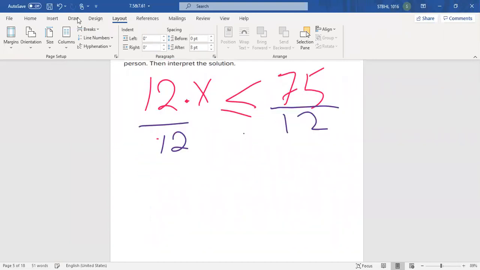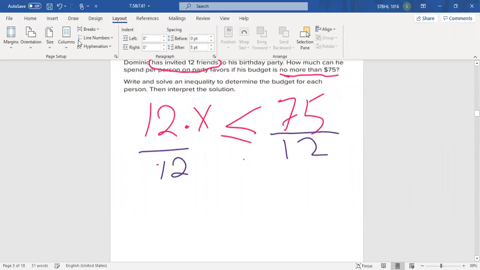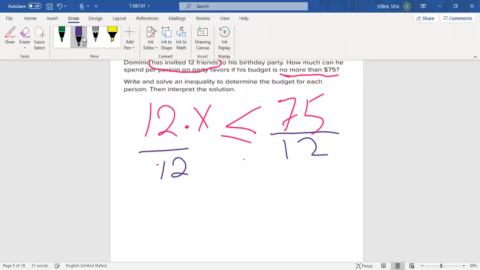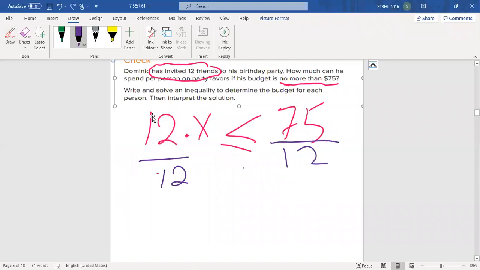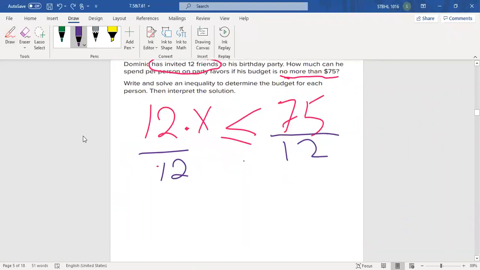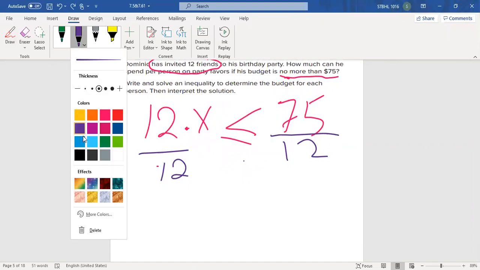So 12 divided by 12 is going to be 1, with x.